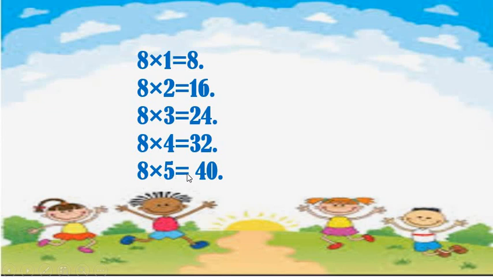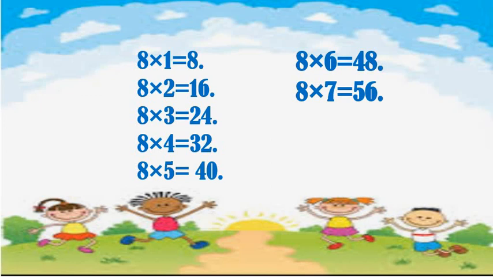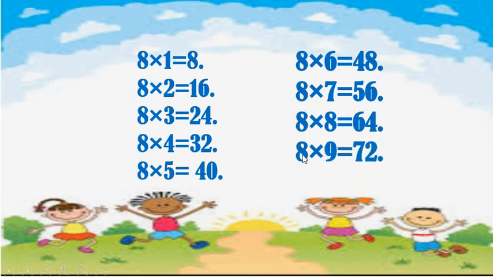Eight fives are 40. Eight sixes are 48. Eight sevens are 56. Eight eights are 64. Eight nines are 72. Eight tens are 80.